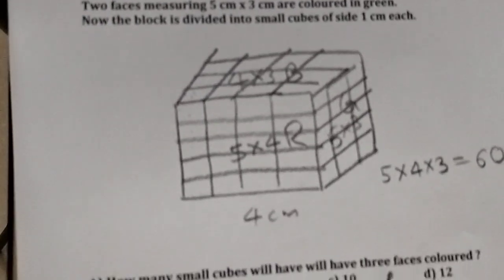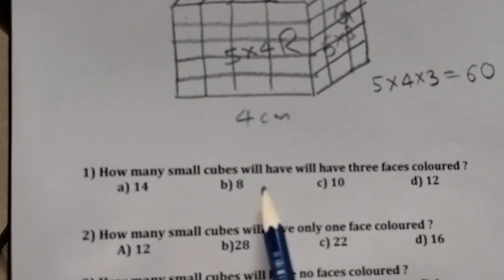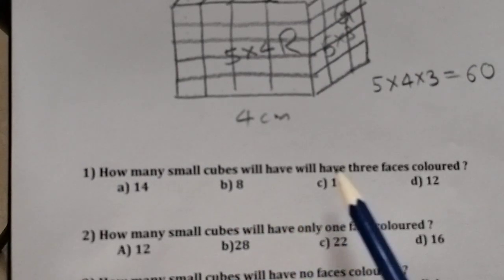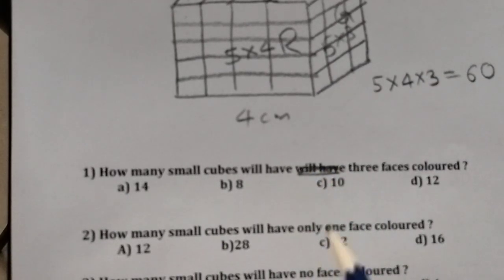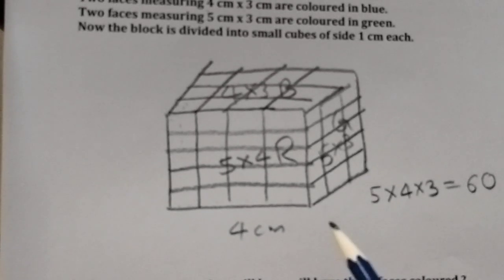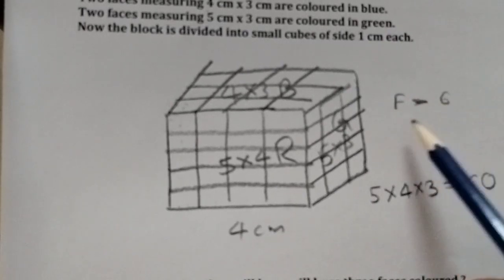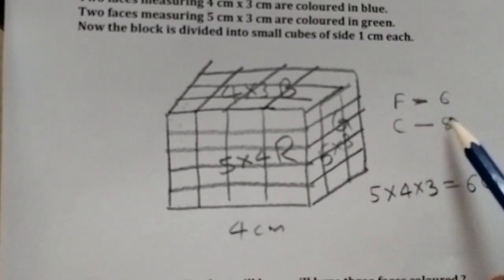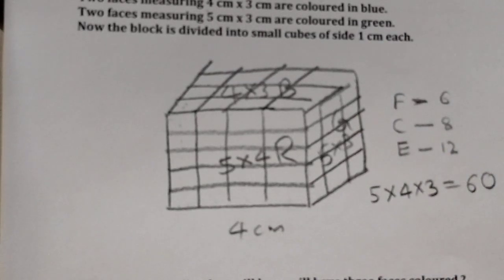See, now the questions are like this. How many small cubes will have three faces colored? Those depend on the corners of the cuboid. Anyway, we know that the number of faces is 6, the number of corners is 8, and the number of edges is 12 in both cube and cuboid.